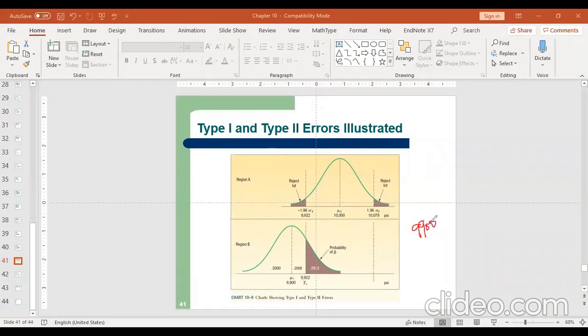This is mu, and x bar is 9,922, so it is 22 more. The probability of beta is 0.2912. So let's move on to the next slide.